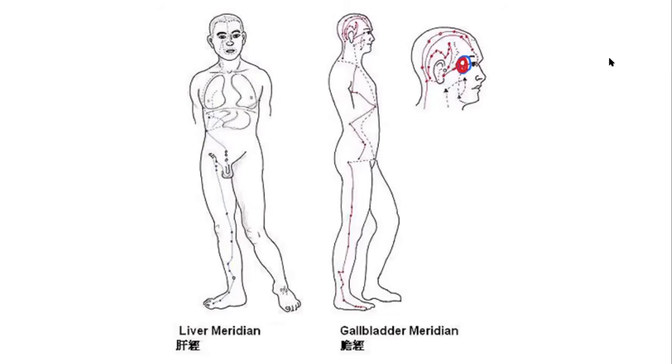It goes here to the ear, goes around the ear, comes back to the head, goes back this way, and goes down. Around the ear it kind of does a couple of loops, goes back and down, and then ends all the way out on the pinky side of the foot, so the outside of the foot.